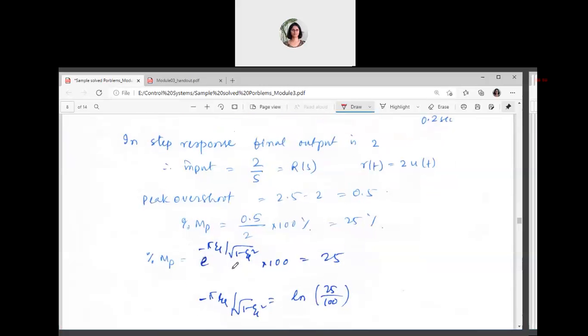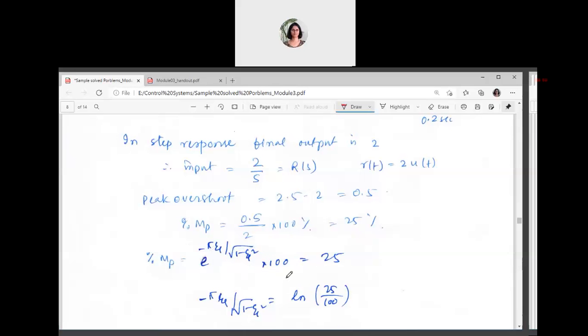One more important point: while deriving this expression for percentage overshoot, I had taken only a unit step. But this is applicable for any step response. That is because there is no magnitude involved here.